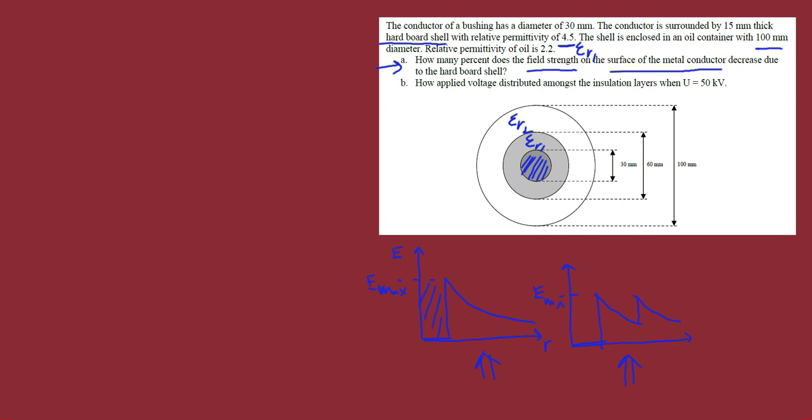So these two electric fields, Emax1 and Emax2, will lie at different levels. The maximum electric field at the surface of the conductor will be different in both of these cases. So in this question, we need to determine by how many percent the electric field strength on the surface of the metal conductor decreases due to the hardboard shell.